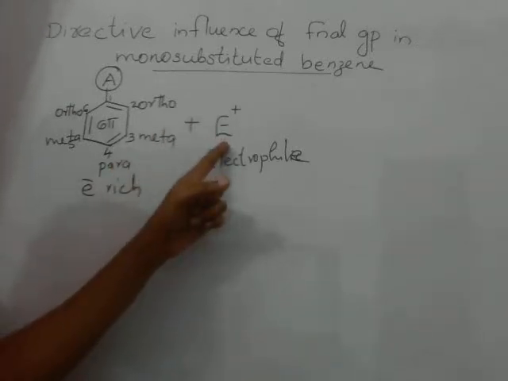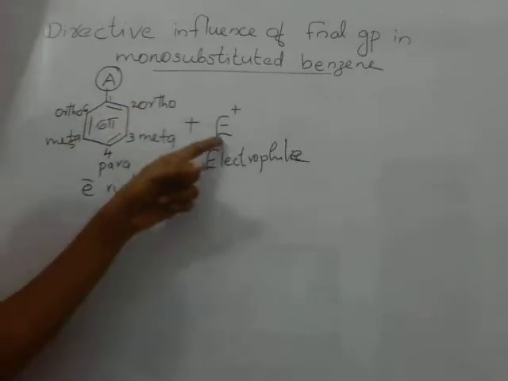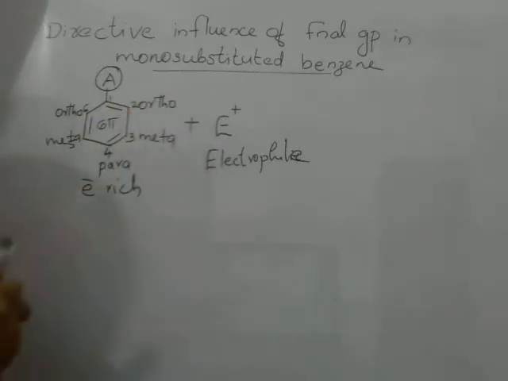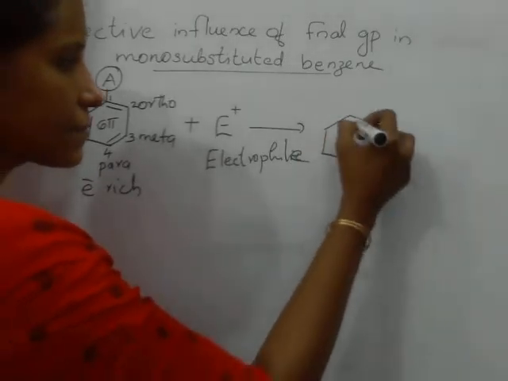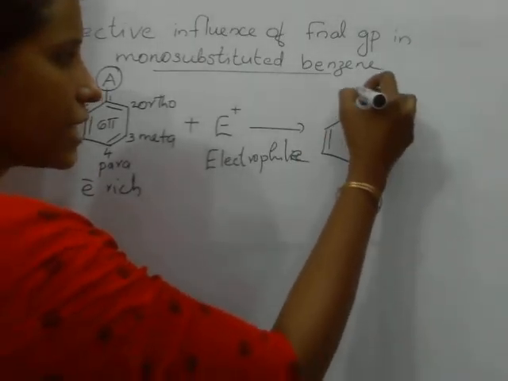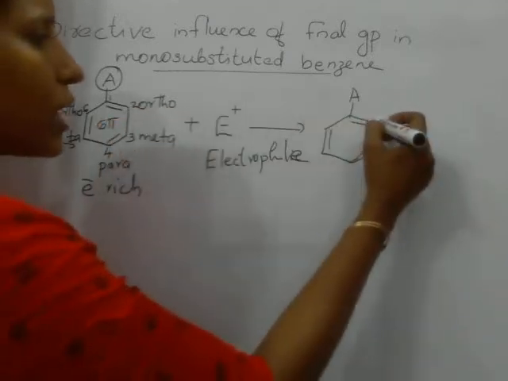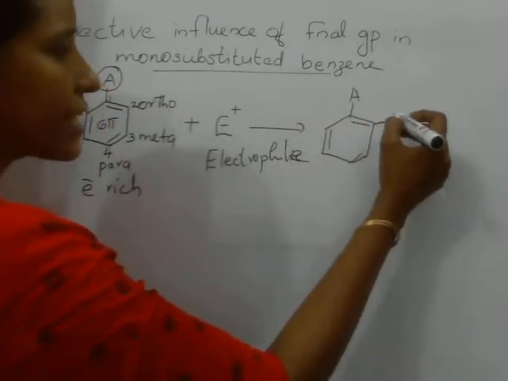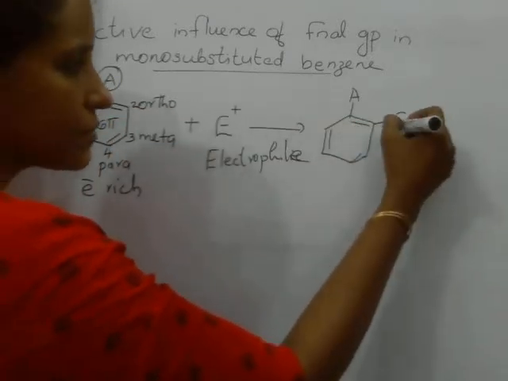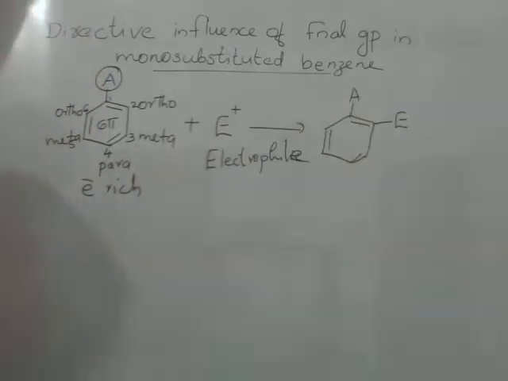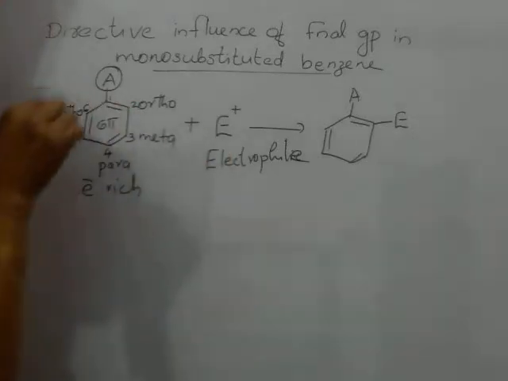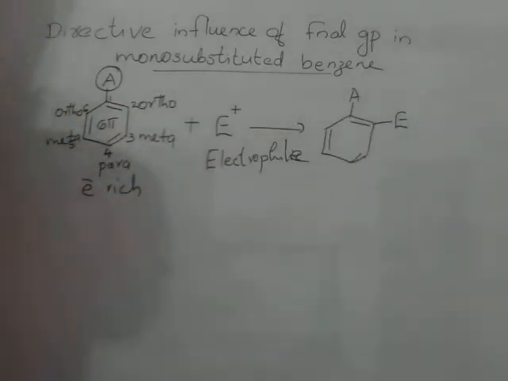If the substitution of the electrophile takes place in the ortho position, we get a product. That is, the electrophile attacks the ortho carbon atom and substitutes the hydrogen present on the ortho carbon, so substitution takes place in the ortho position.